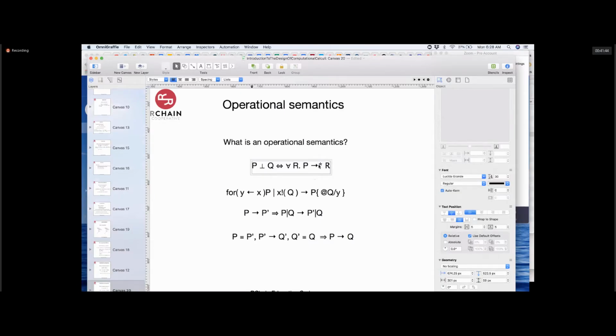When I put a star by the arrow, it means zero or more steps. Sorry, and it's not just P, it's P par Q. So if we run P in parallel with Q, and if that expression after some number of steps reduces to R, then that implies that R reduces to 0.